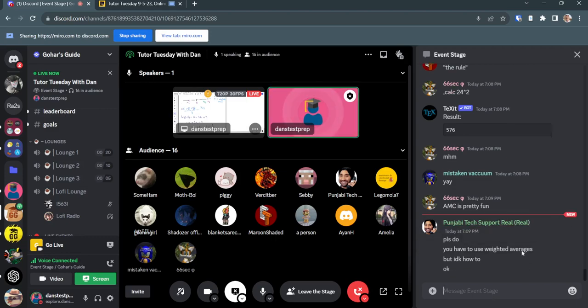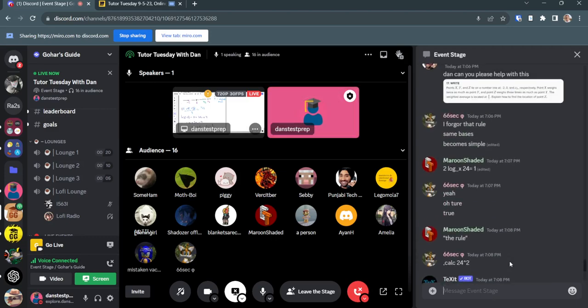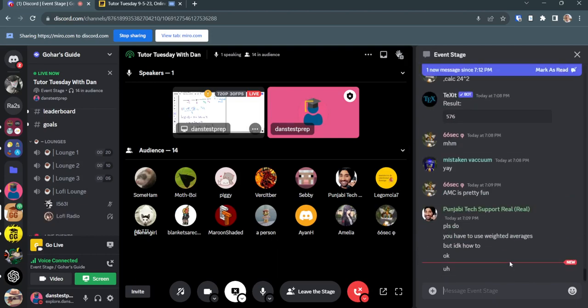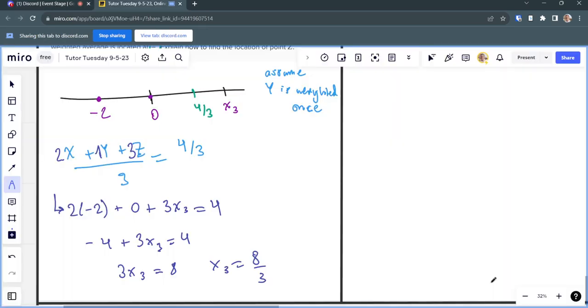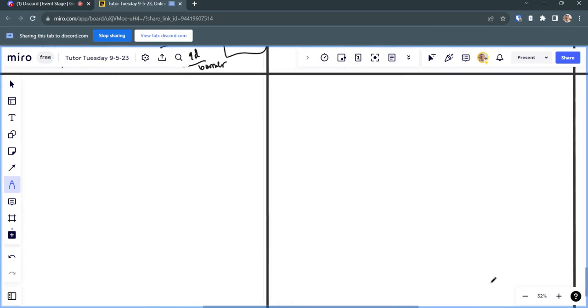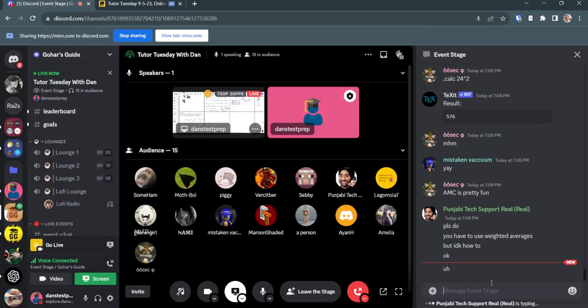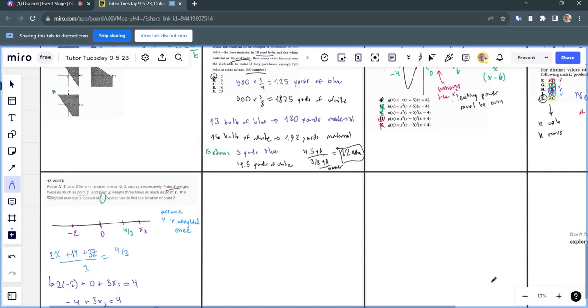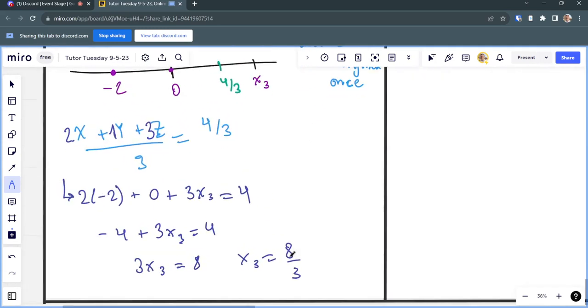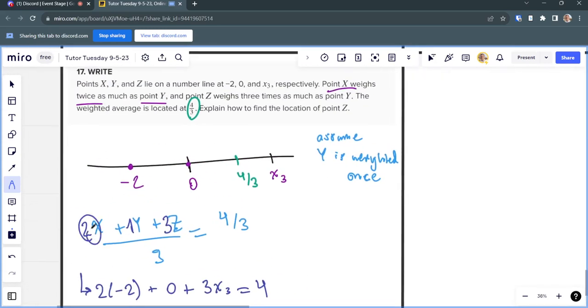Any feedback from the question submitter? These ratios. I found weighted multipliers for x and z.